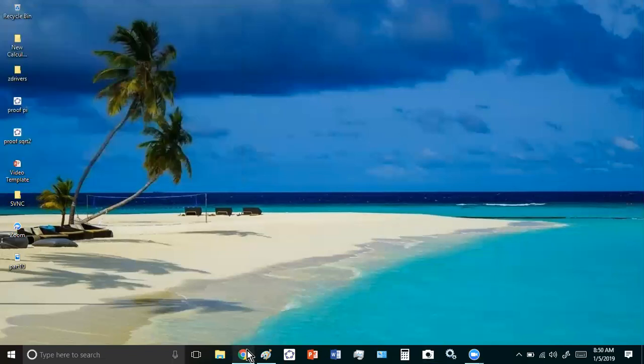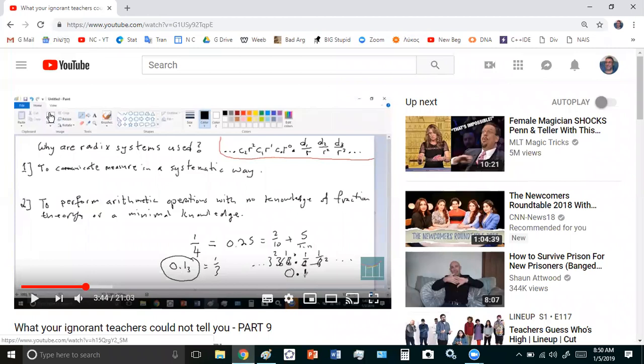You'll recall that I showed you Radix systems are just a way of communicating in a systematic way. I also showed you that they were invented so that we didn't have to learn much about the theory of fractions. In fact, we don't really have to know anything about fractions, and we can do all the arithmetic operations without any problems.